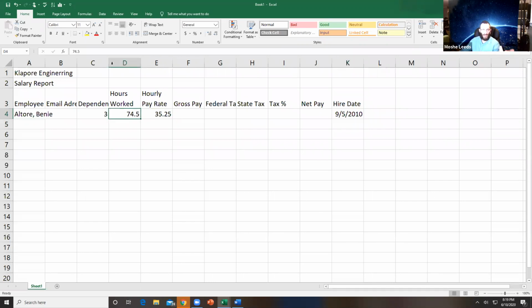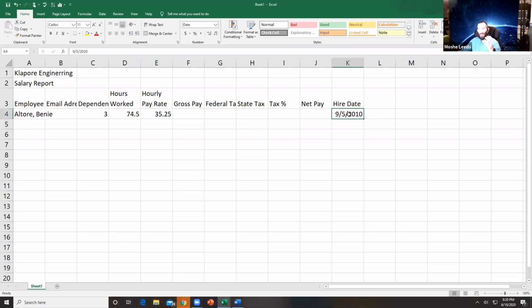For example, I typed in 74.50, but it only did 74.5. Sometimes in the general format, if there are extra zeros, it removes the zeros. You could always add them by just adding more decimal points, okay?